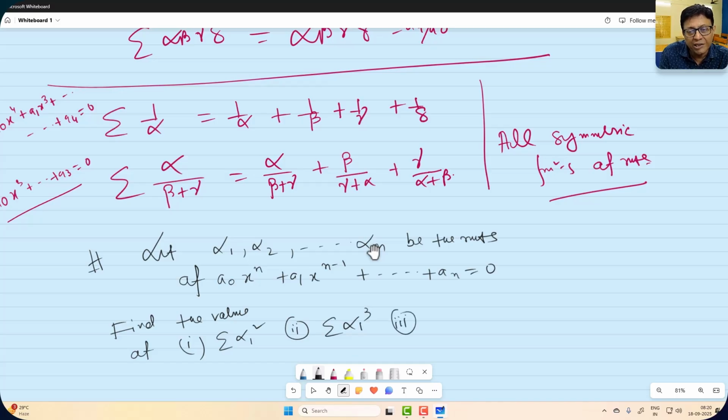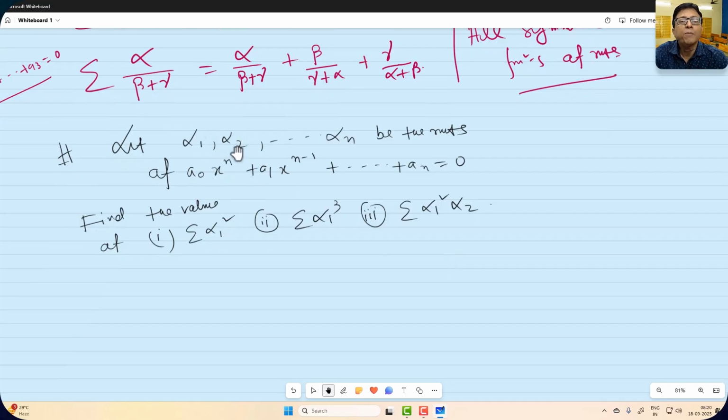And number 3, we are going to find, say, sigma alpha 1 square alpha 2. How to find their values? Understood what I am going to find? Alpha 1, alpha 2, alpha n are the roots of this equation. You have to find the value of sigma alpha 1 square, sigma alpha 1 cube, sigma alpha 1 square alpha 2. See how to find it?